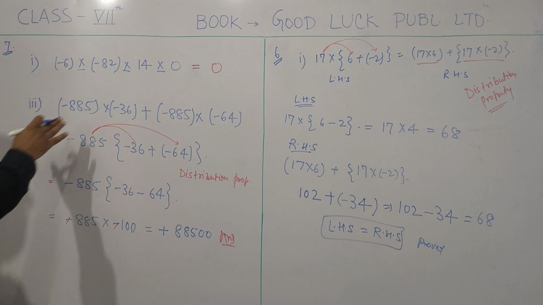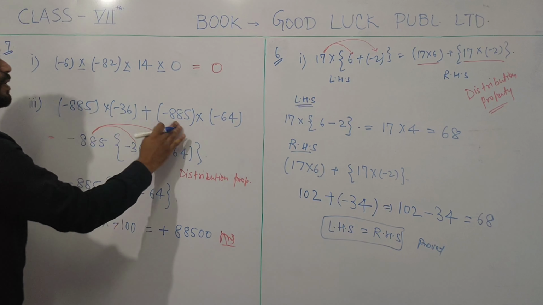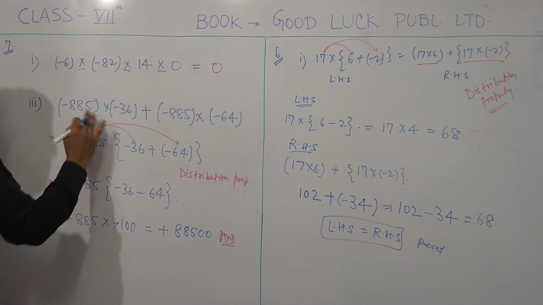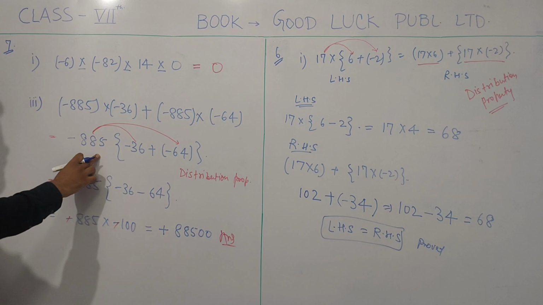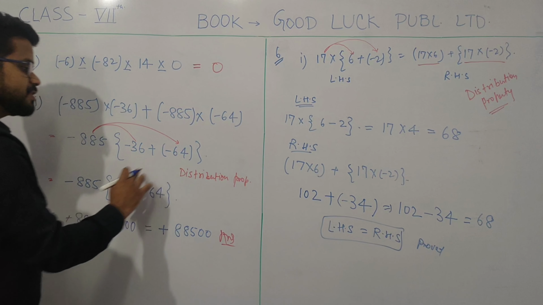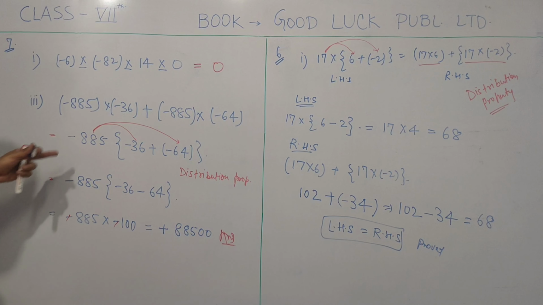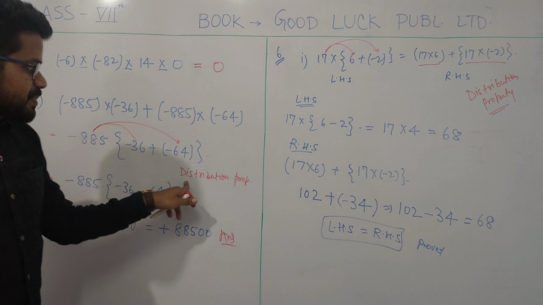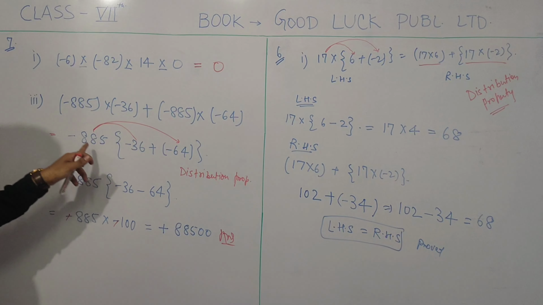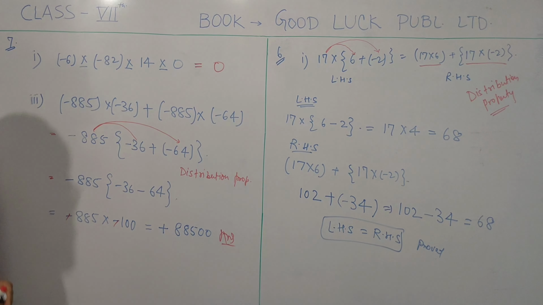I simply took common minus 885 because it is repeated 2 times. Remaining is minus 36 and minus 64. By looking at this, it is simply the distribution property. So I use this property here, simply add, and we get the answer.